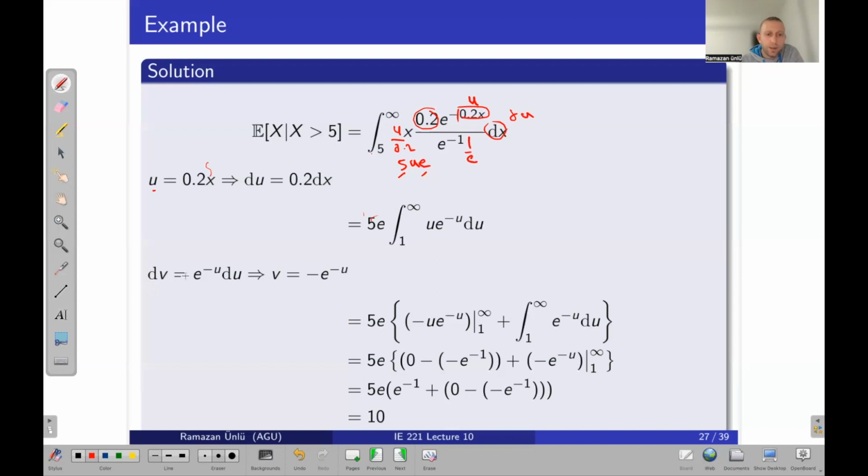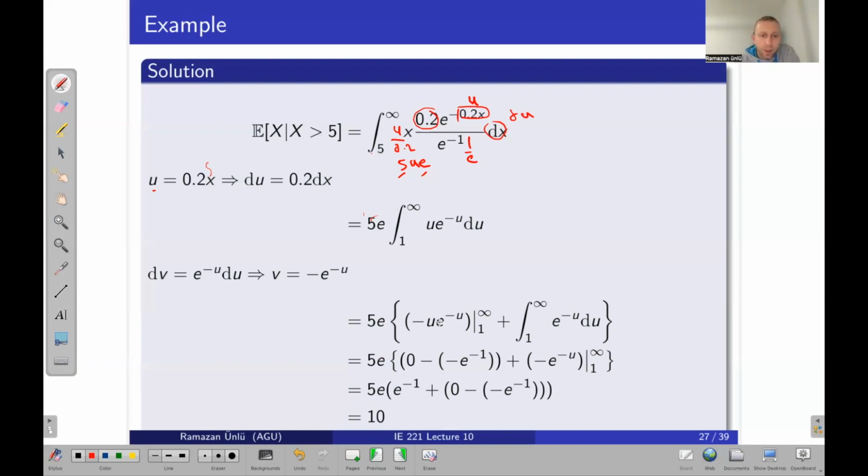Let's say dv is equal to e to the minus u du, so that v will be equal to minus e to the minus u, right? So the first term will be u times v.